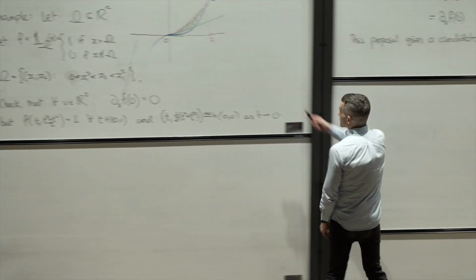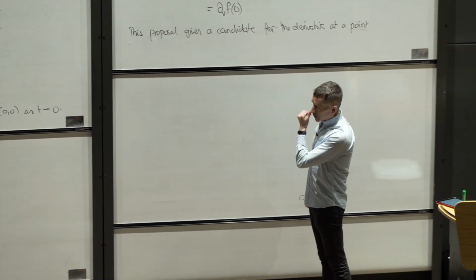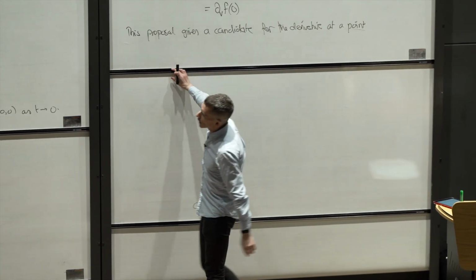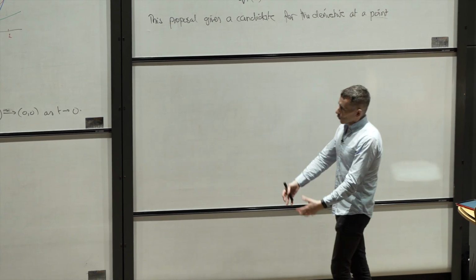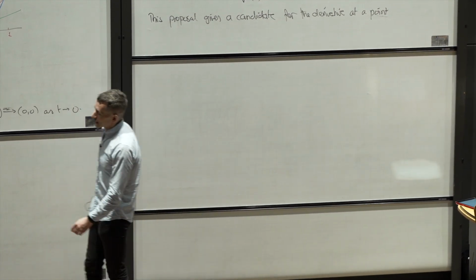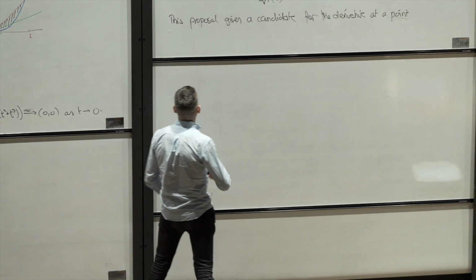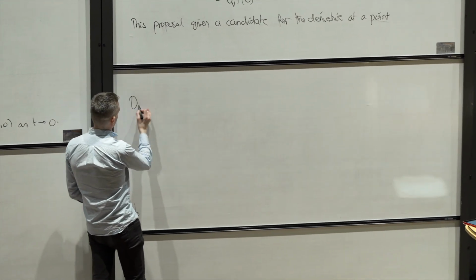So the way to get out of this issue is to demand that the directional derivatives all approximate the function at the same kind of uniform rate.